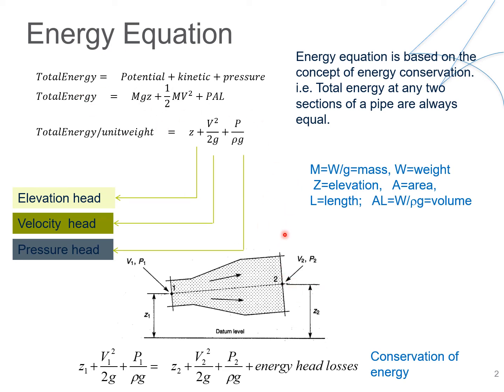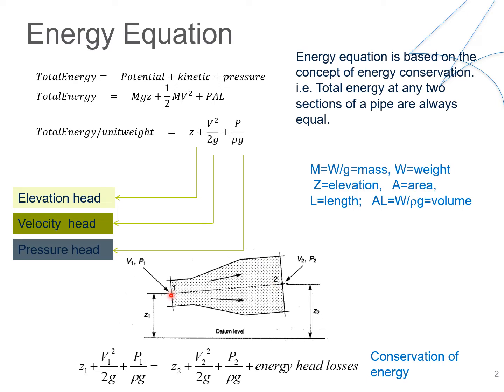So in terms of calculation, the meaning of energy equation is to equate the energy of water particle at any one point. When we use the energy equation, that means we want to equate the energy between 2 points.